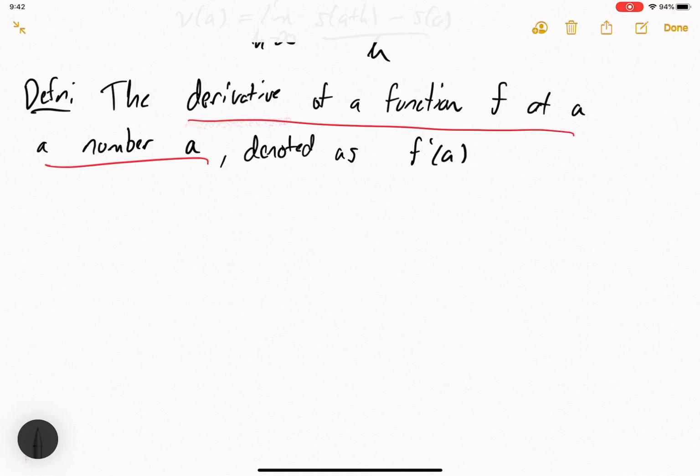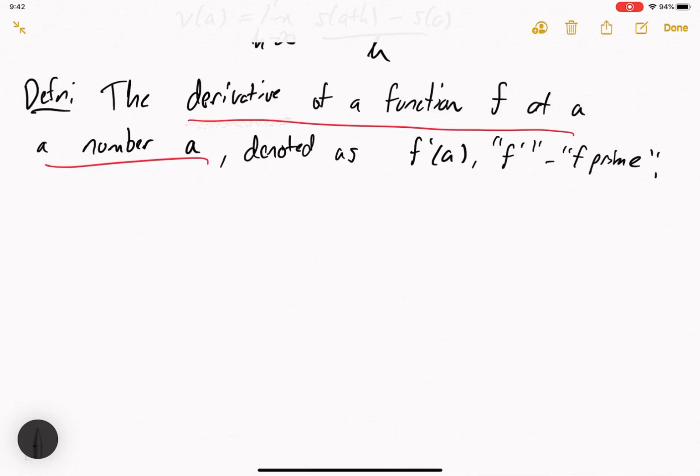That's just shorthand for how you would read it.